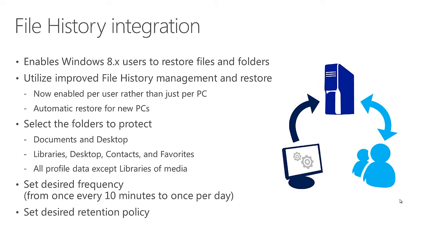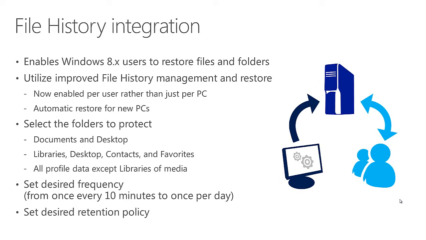You can select which folders to protect. Generally, this is going to be your documents folder, the desktop, the different libraries that you have defined, and your favorites. And so you have all of this rich user data that gets protected centrally on the server. You can also set the frequency, how often file history is collected.